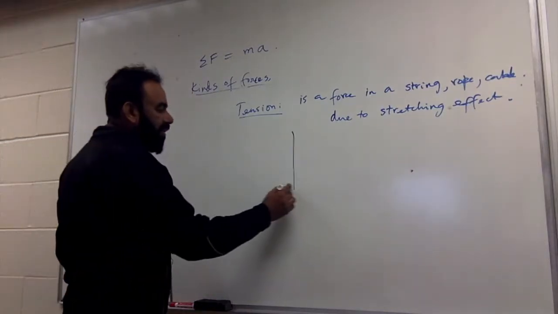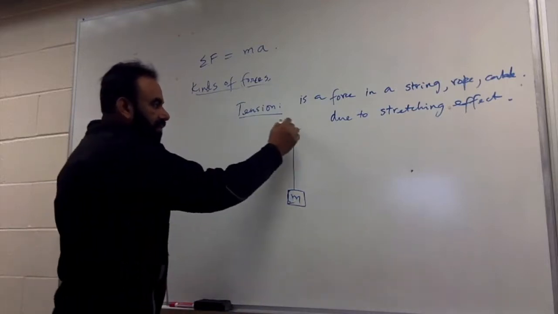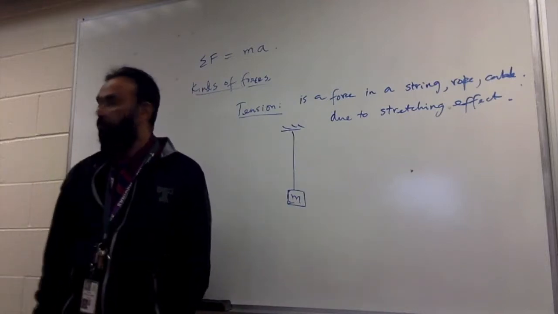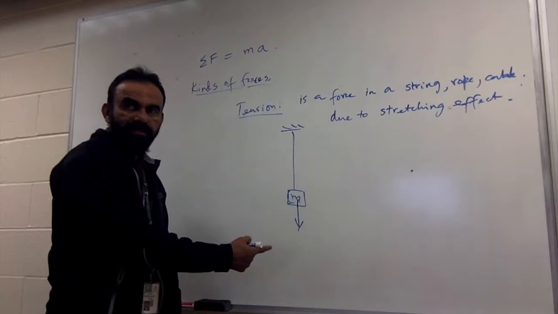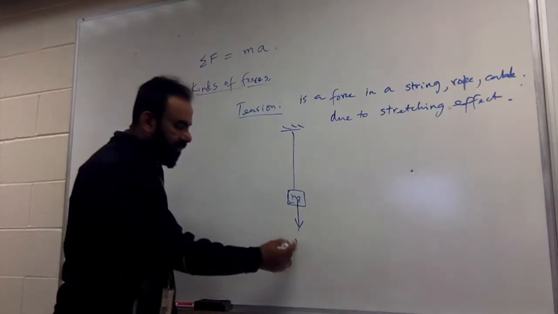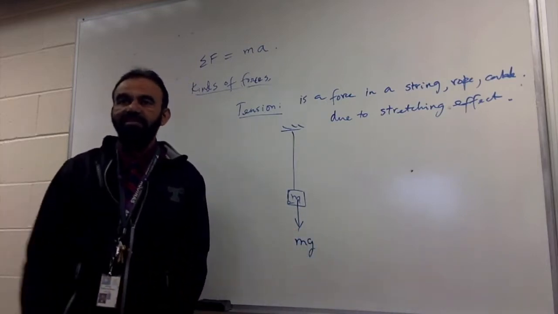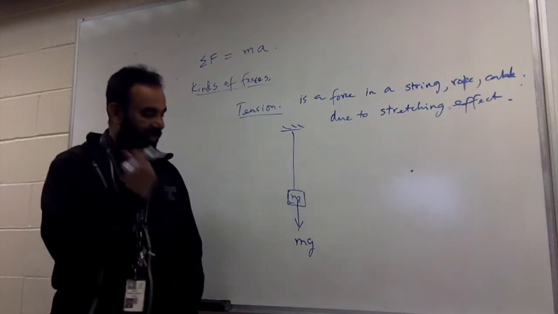So if you're going to mark, if this is an object of mass m, what are the forces acting on this? Gravity is pulling down. What do you write here? Just write mg, because that's a weight. It's always good to write down just that term, weight.